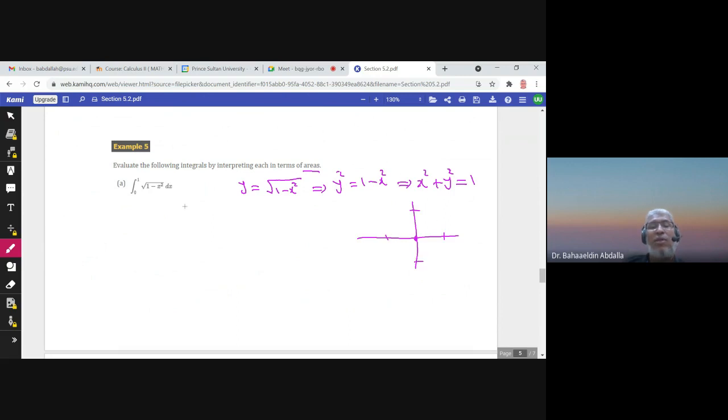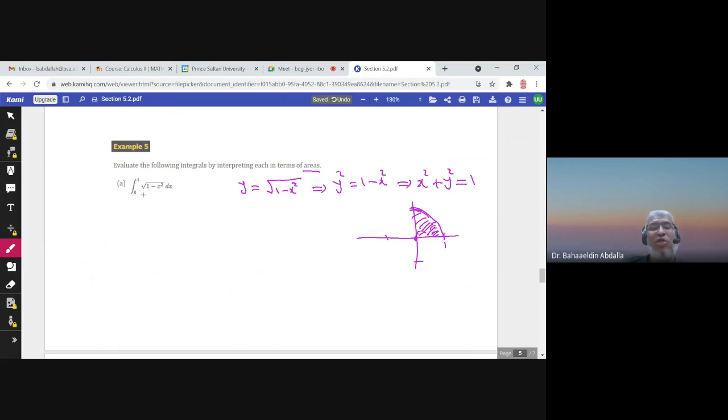But we have y positive, so this is the upper half of the circle. But it's from 0 to 1 only. So we are talking about this part, this portion.